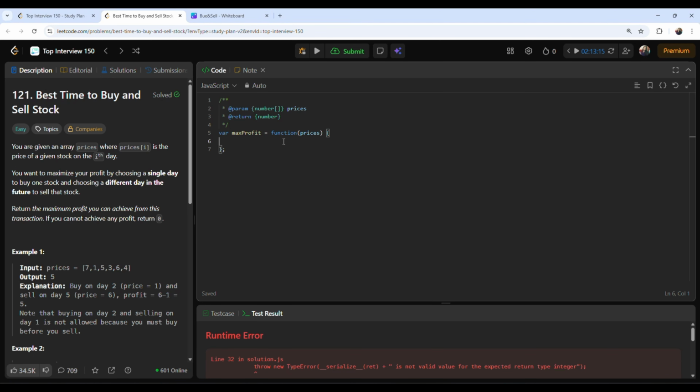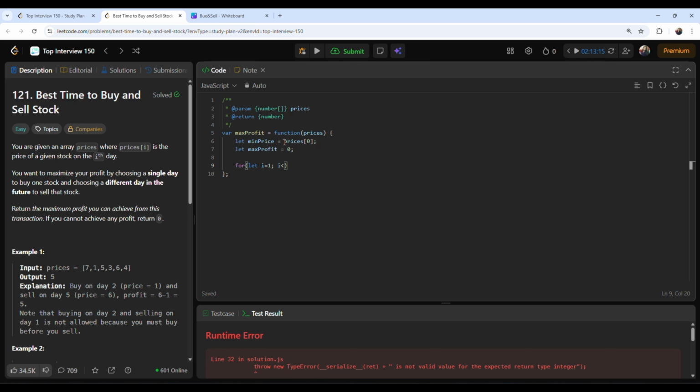So let's quickly write the code first. We have minimum price as prices[0], the way I explained, and then we have max profit so far, let's quickly initialize it as 0, and then for let i equals 1, we started from 1, right?